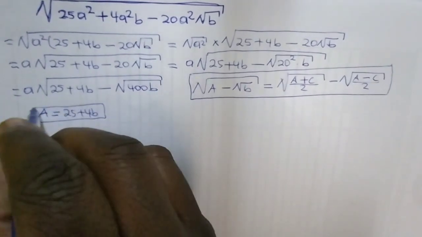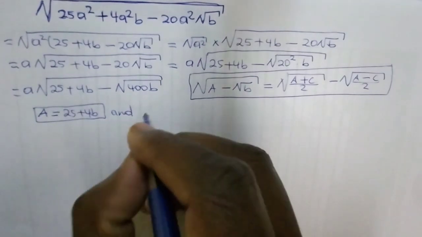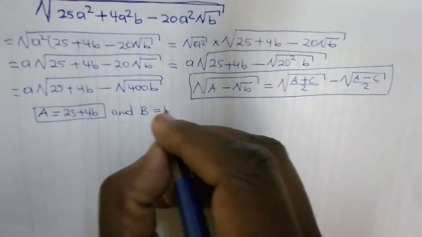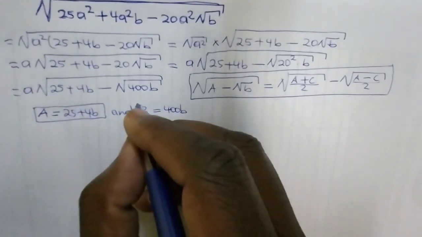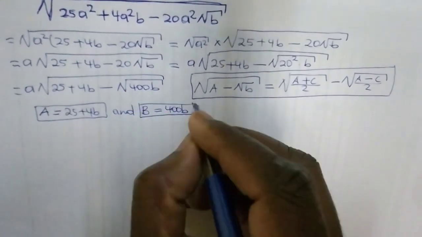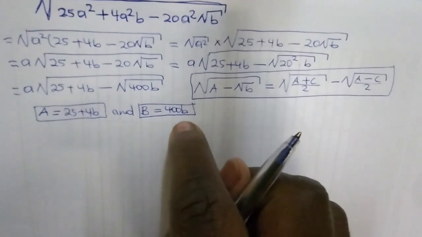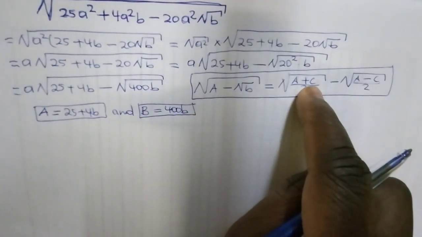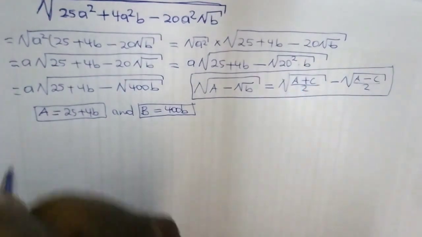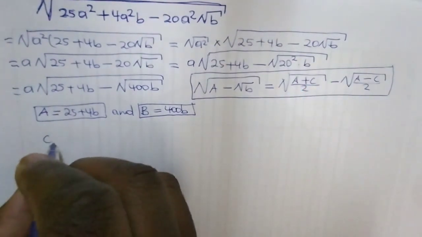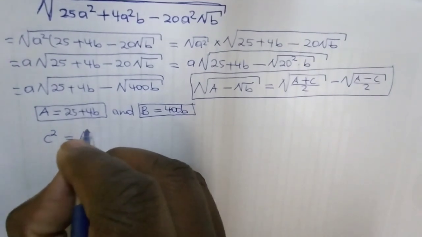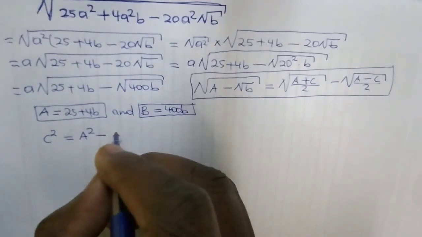This is the value of my a, and my b is the expression under the radical sign, which is 400b. So I have my a and my b, so I need only to find the value of c. So how do we determine c? c to the power of 2 will be equal to a to the power of 2 minus b.